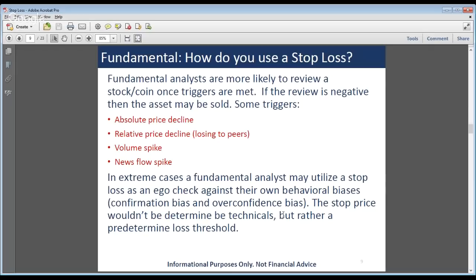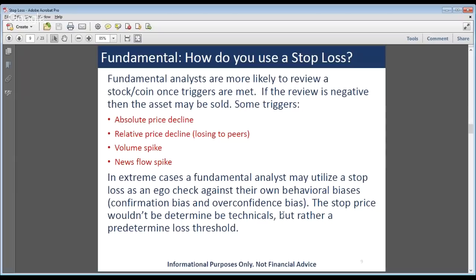In extreme cases, though, fundamental analysts may utilize a stop loss, like a hard-coded stop loss. They would do this primarily as an ego check against their own behavioral biases. Fundamental analysts, because they're utilizing their own judgment, and yes, they're using data, but it's their judgment on top of the data, recognize they might have confirmation bias or overconfidence bias.